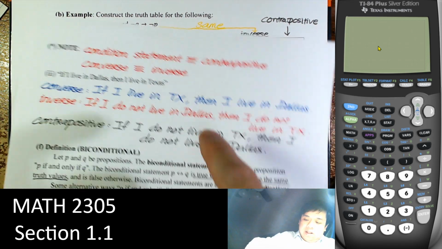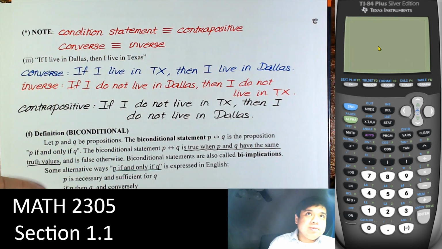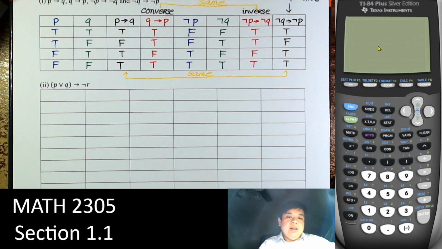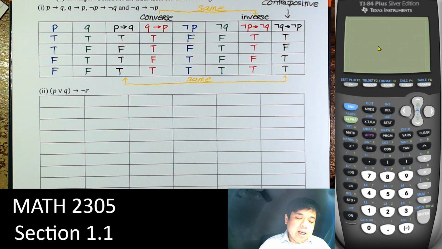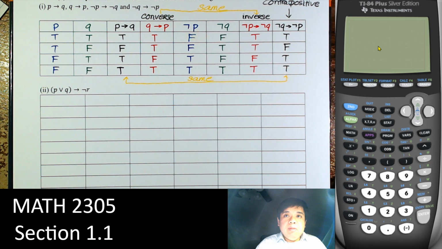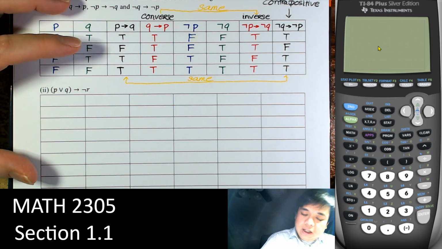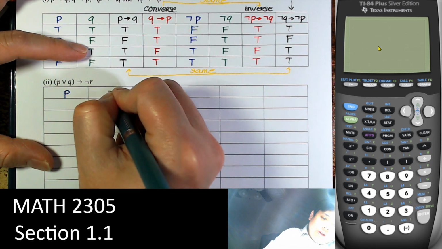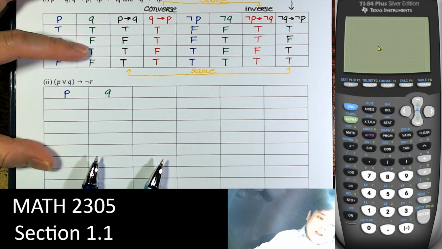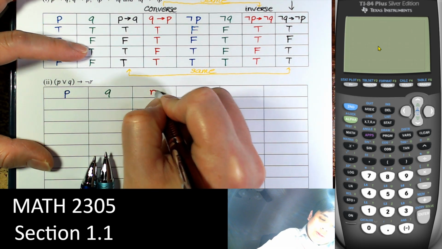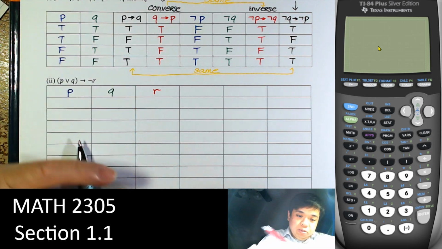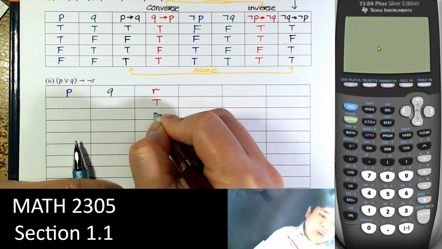Right, so that's what we have on page 5. Now we go to this example that has 3 propositions, P, Q, and R. So we have one column for each. Now we're just going to set the one on the right alternating true, false.